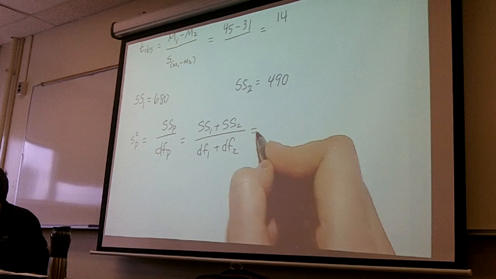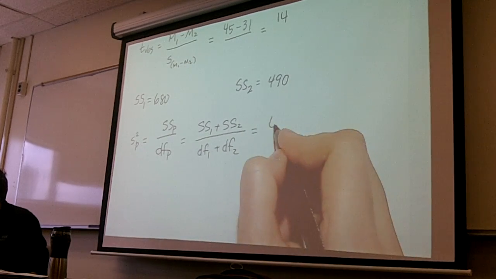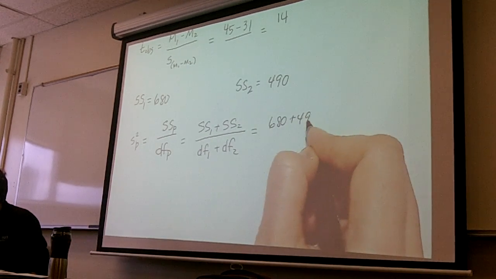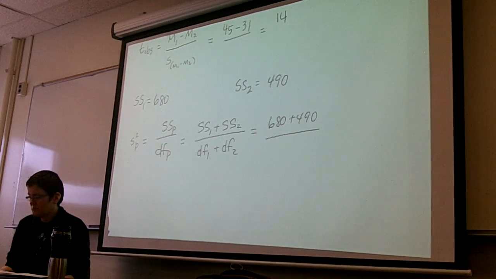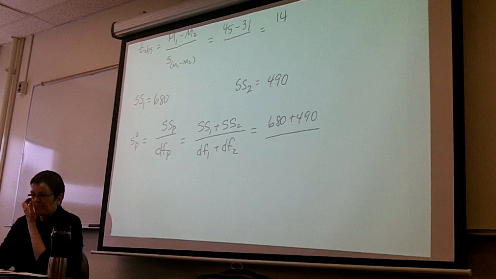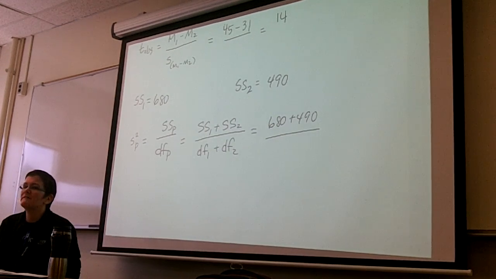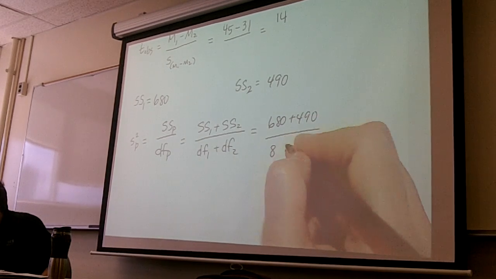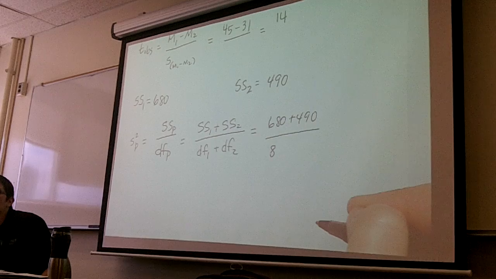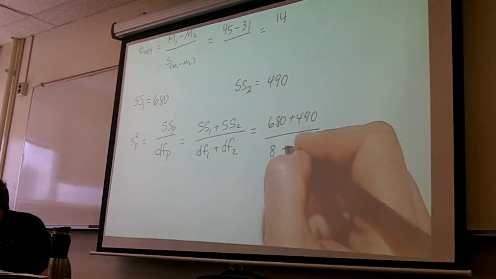Okay, living on the wild side now. 680 plus 490 over, what's my degrees of freedom and how do I know? What's my degrees of freedom for group 1, females? 8. Right, my degrees of freedom for group 1 is 8. What's my degrees of freedom for group 2, males? 5.